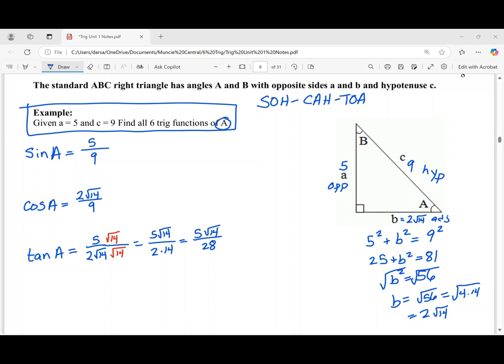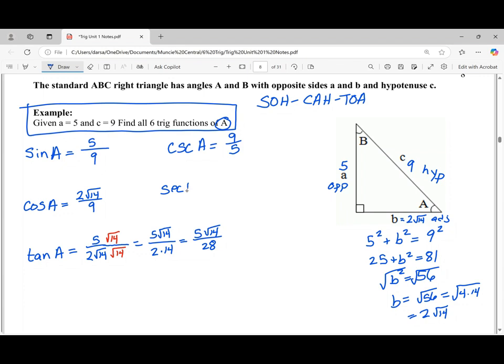You must be able to do that rationalizing and do it quickly if possible. All right, let's go through and get the other 3. So cosecant. That goes with sine. Remember, since sine is an a, it gets the cosecant. We're just going to take the reciprocal of sine. That's 9 over 5.